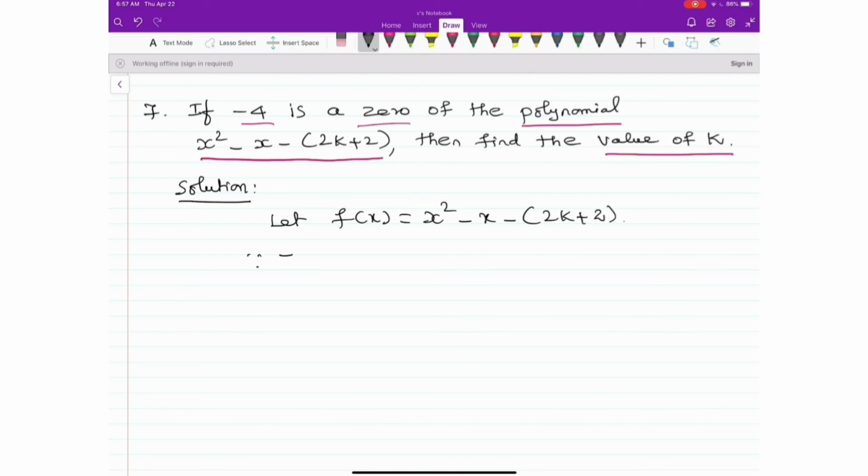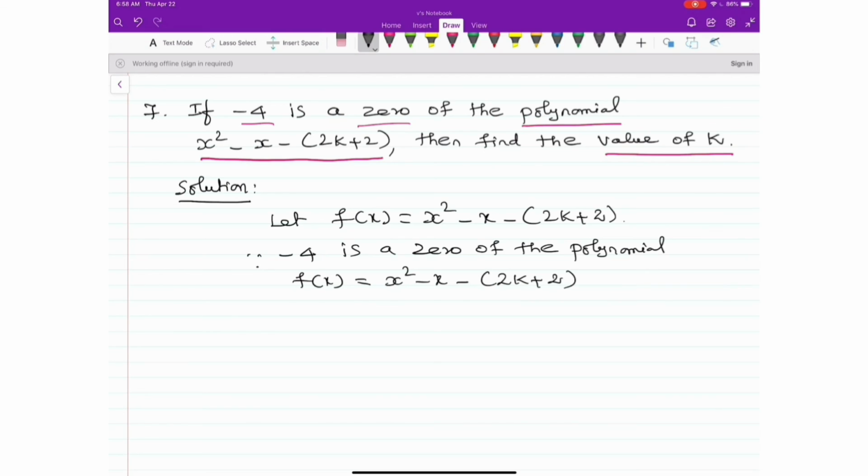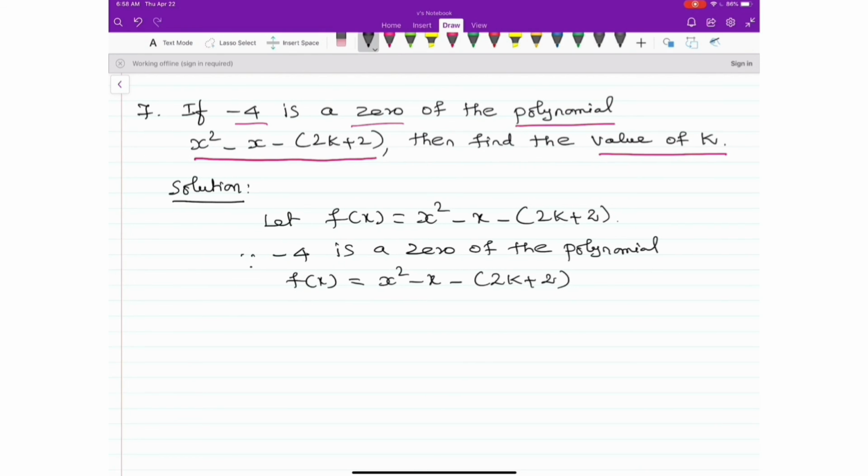Since minus 4 is a 0 of the polynomial f of x is equal to x square minus x minus of 2k plus 2, we get f of minus 4 should be equal to 0.